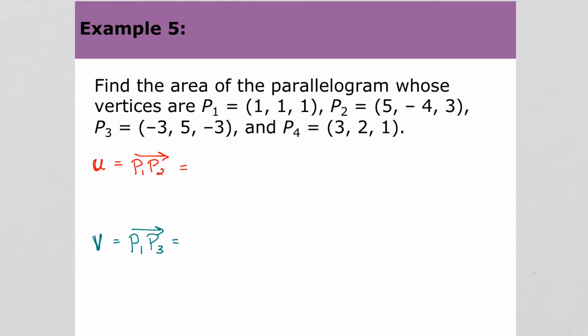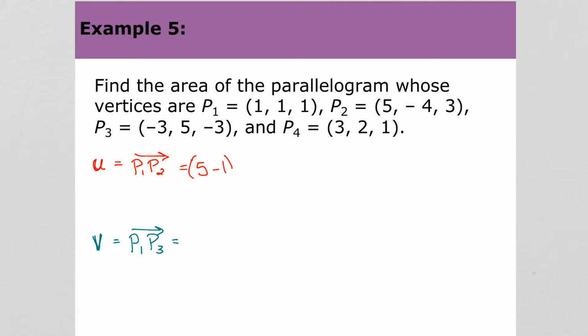So, to find vector u, we need to find the vector from P1 to P2. And remember how we do that? We take each of the x, y, and z components and subtract them.